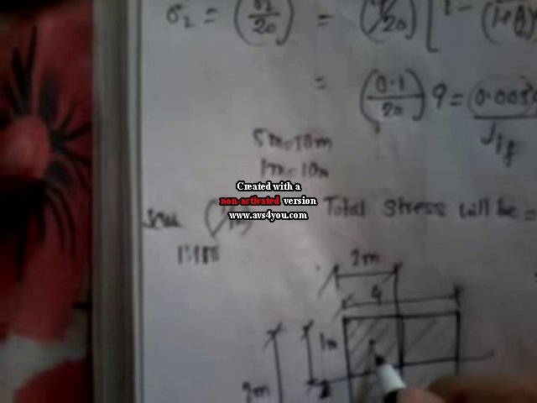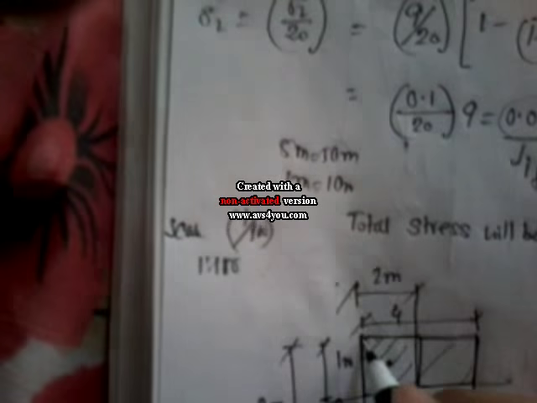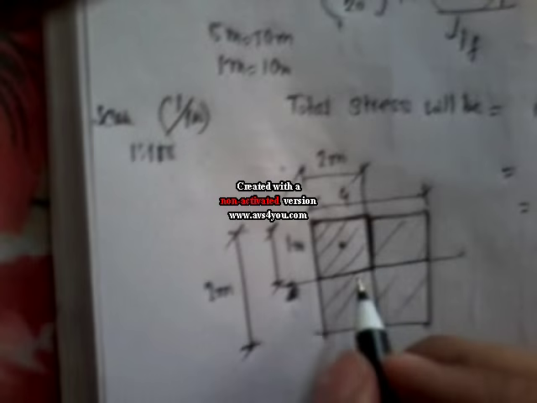So the point load will be passing through the middle of this portion, at its center of gravity. The formulation will be 1 by z² into 1 by (1 plus (r by z)²) to the power 5 by 2.